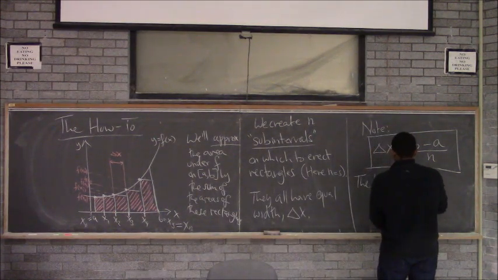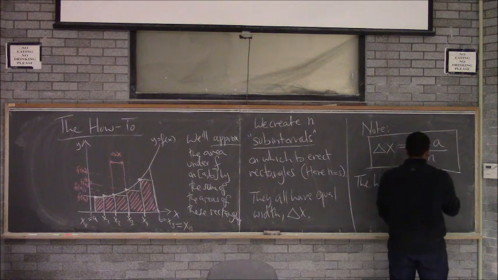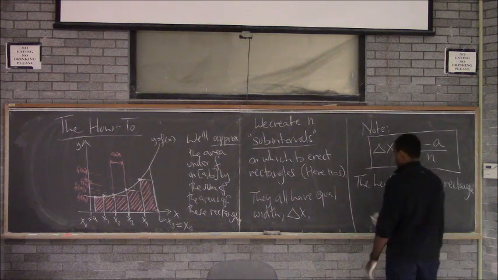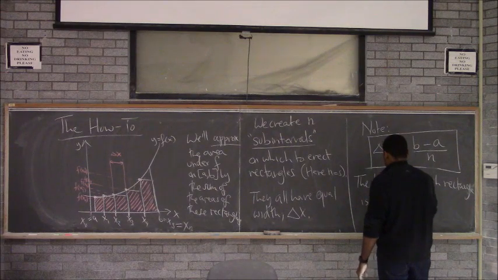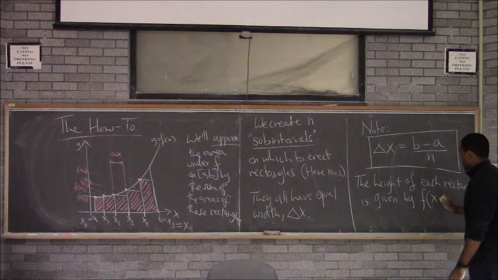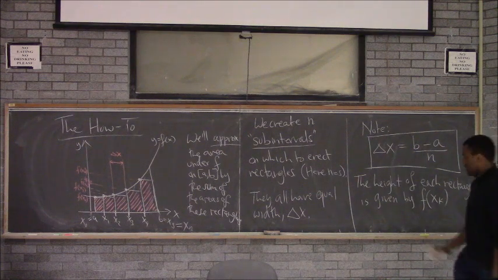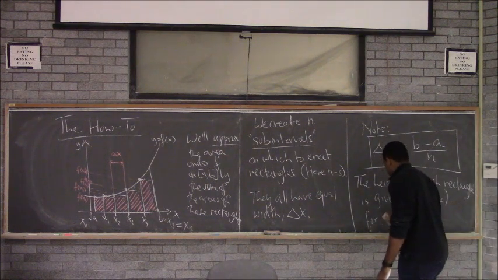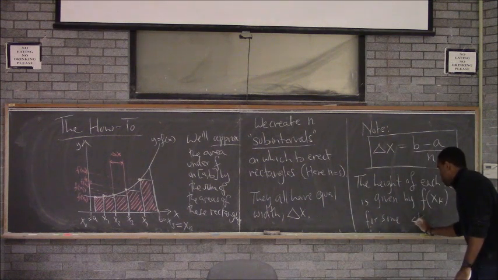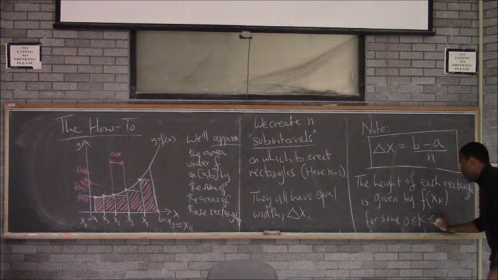The height of each rectangle is given by, you'll notice, f of x sub k for some k, where my k can range from, say, 0 all the way up to n.